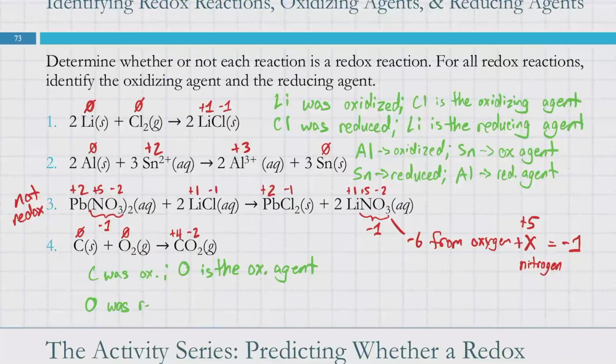So oxygen was reduced. The thing that caused that was the carbon. So carbon is the reducing agent. Questions about any of those or any of our rules? Very fun, very cool rules.